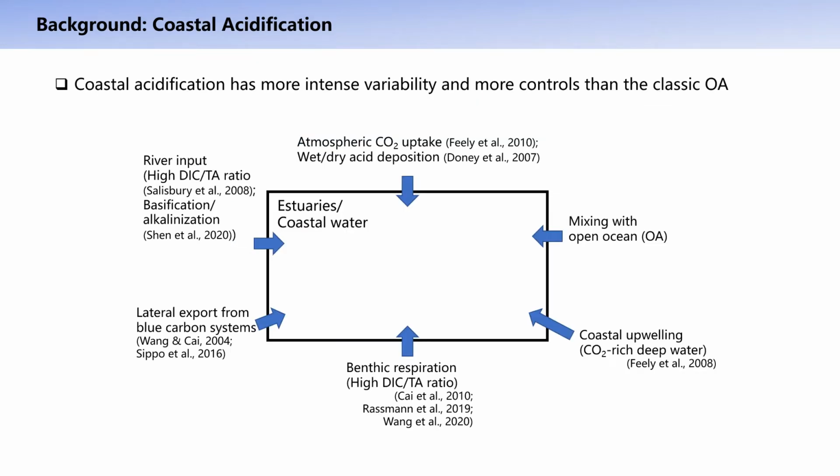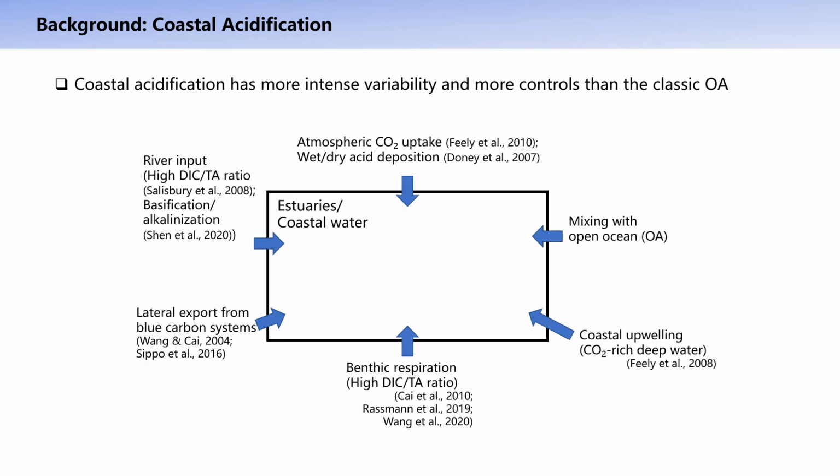Compared with the anthropogenic CO2 caused open ocean acidification, coastal acidification has more intense variability, which can be one order of magnitude higher, and it has many more controls than classic ocean acidification. For estuarine coastal waters, there are many material exchanges among the boundaries.